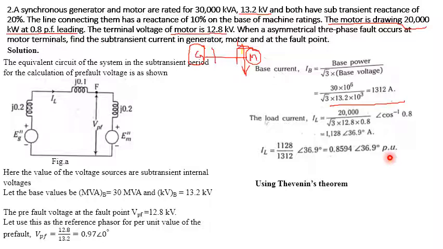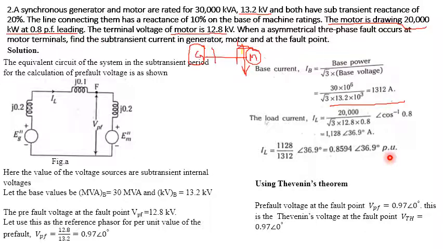I told you that we have three different methods for solving this network. One is applying Kirchhoff's law, another is Thevenin's theorem, and another is the matrix form. We are not going with the matrix form. Compared to Kirchhoff's law, Thevenin's theorem is somewhat better, so I'm going with Thevenin's theorem directly.